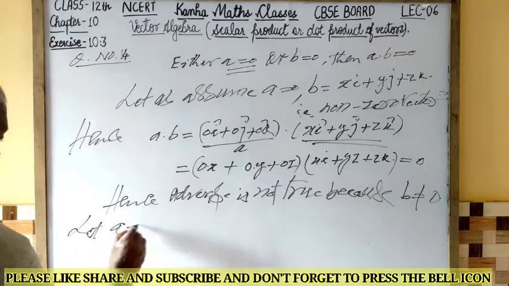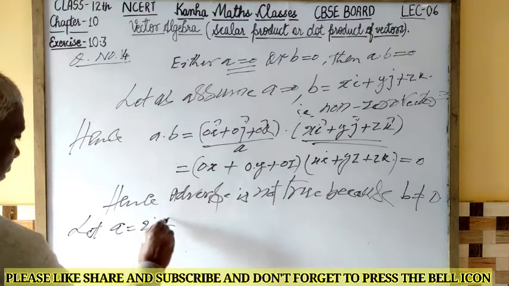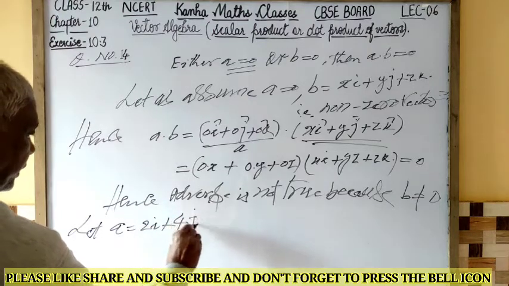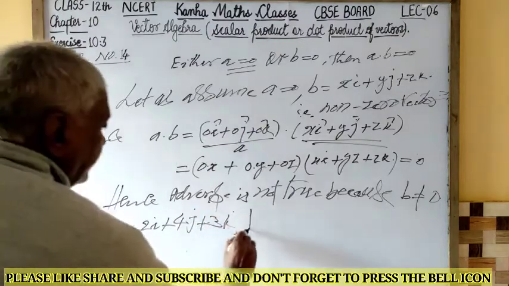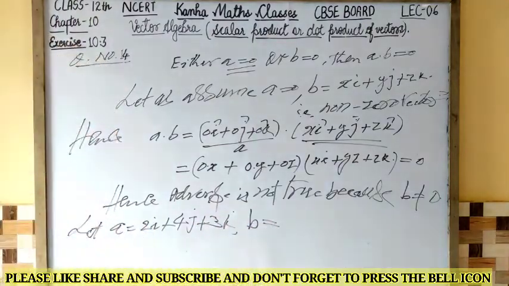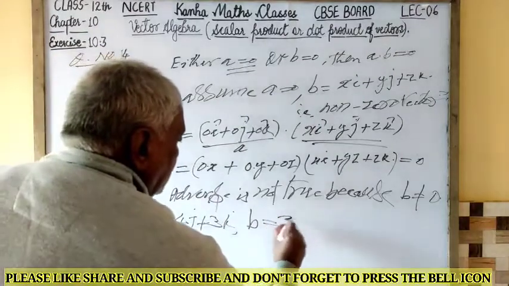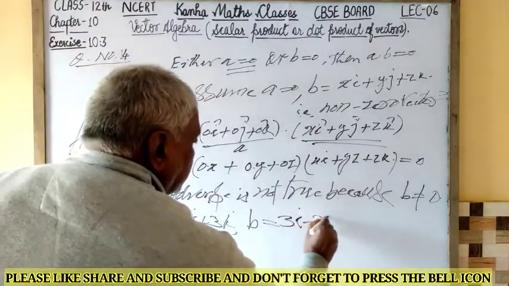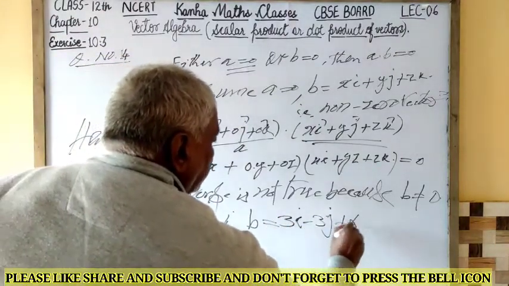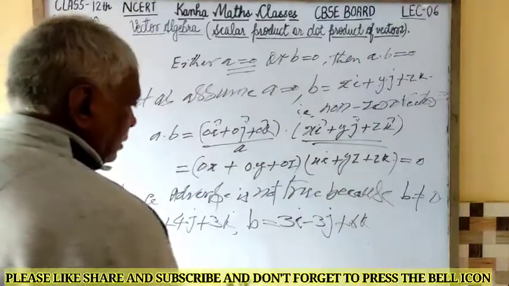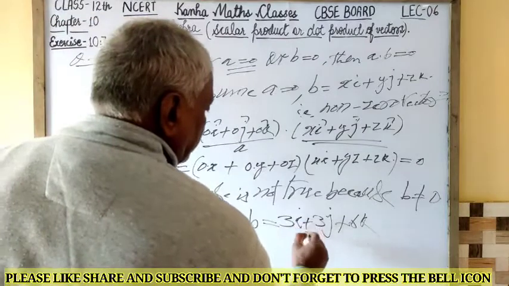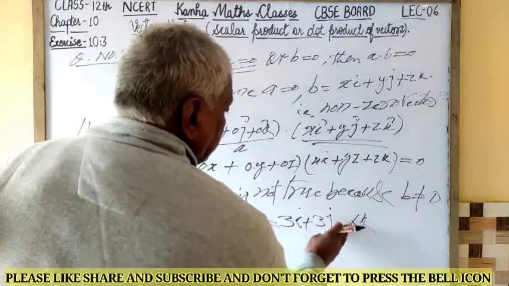Similarly, let A be equal to 2i plus 4j plus 3k and B be equal to 3i plus 3j minus 6k.